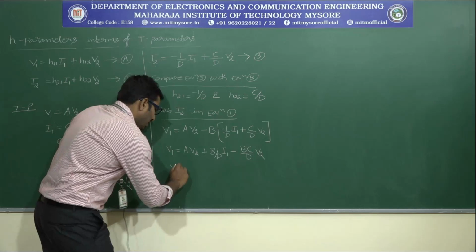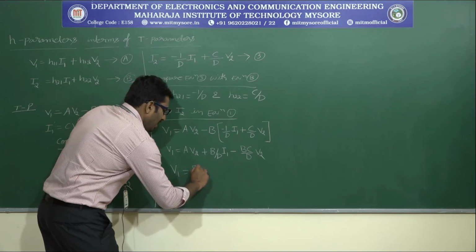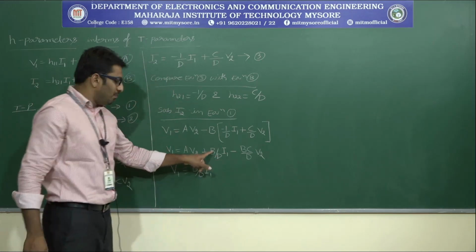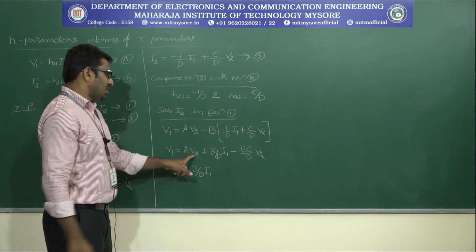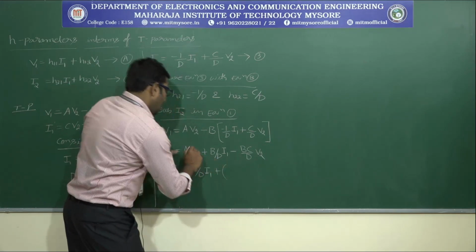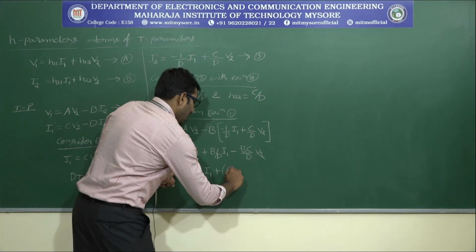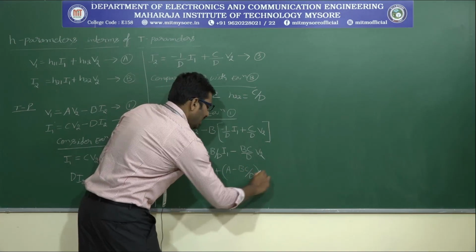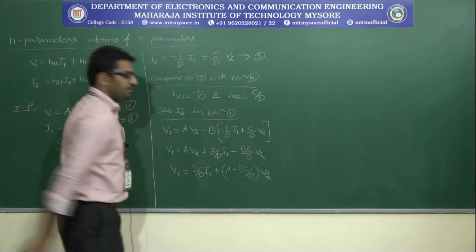So let me rearrange this equation. First let me write B by D I1. Next the common factor V2. Then what is the remaining? Remaining A minus BC divided by D into V2.